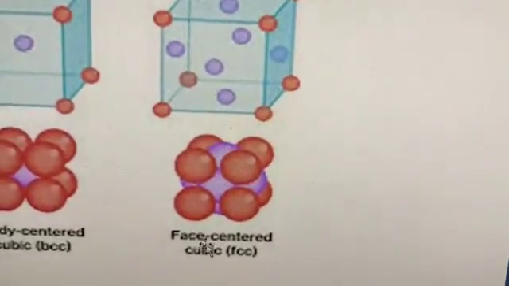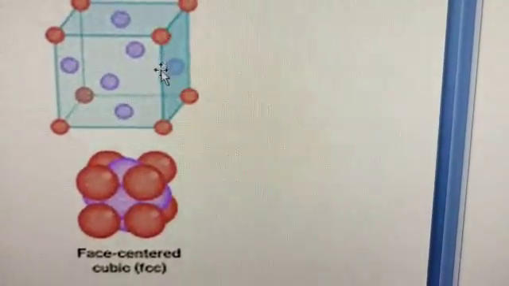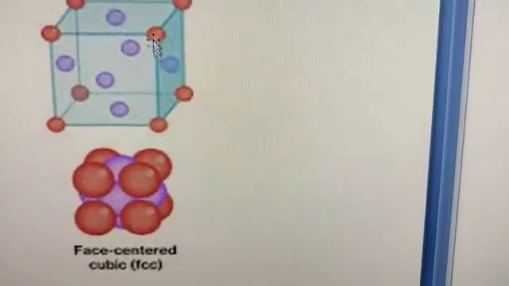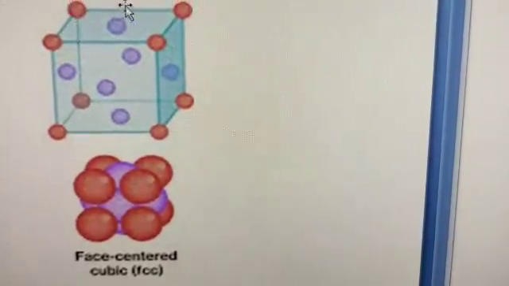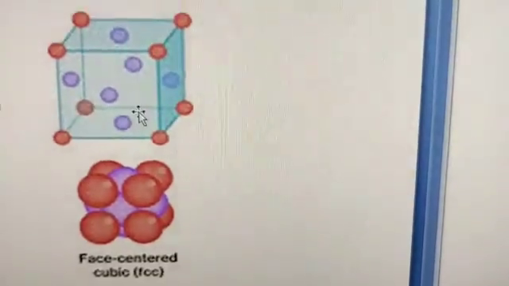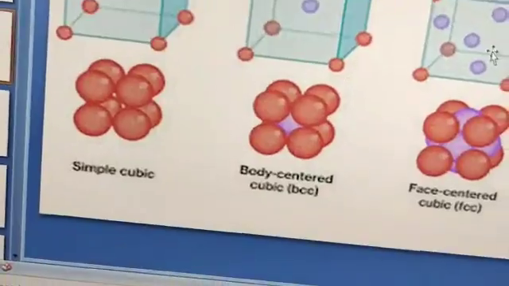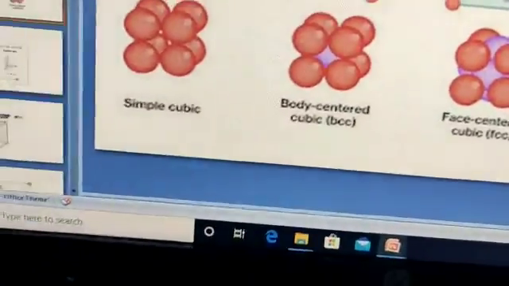Next one is the face centered cubic cell. Here the 6 atoms are placed at the faces of this unit cell, and other atoms occupy the corners, right? This is the difference between the simple, body and face centered unit cells.